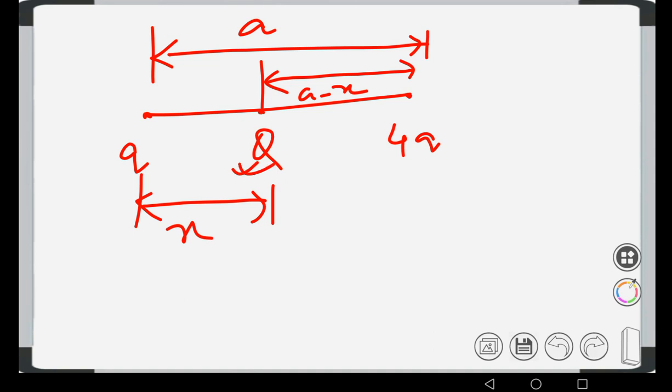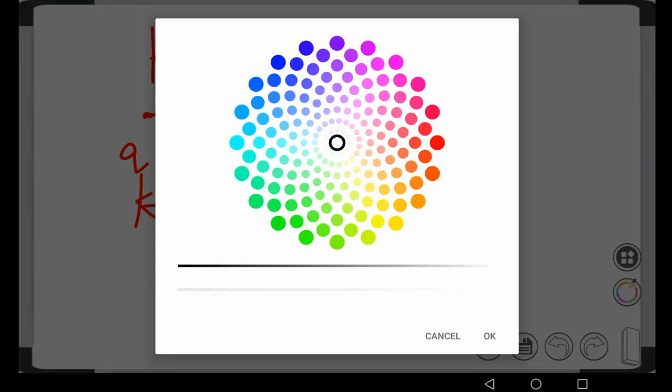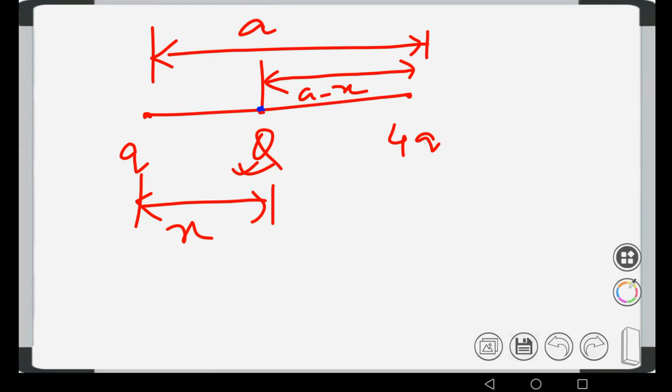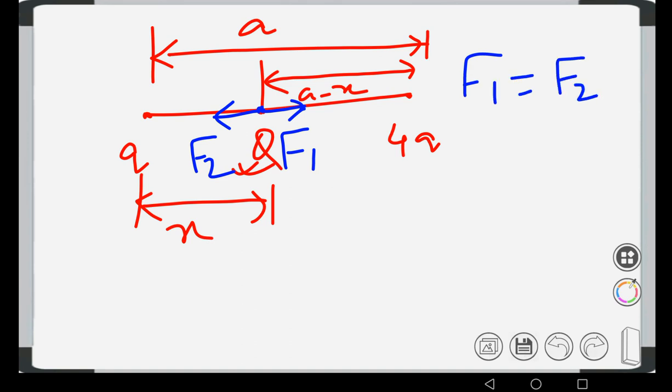We have to find the net force on capital Q and equate it to 0. We can see clearly that the forces are opposite in direction, so we can simply write the expression for the two forces and equate them. F1 equals F2, and since they are acting in opposite directions, the net force becomes 0 automatically.